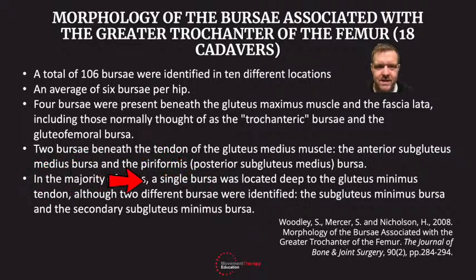In the majority of cases, a single bursa was located deep to the glute minimus, although two different bursa were identified: a glute minimus bursa and a secondary gluteus minimus bursa. So there are loads, and it's quite common to have lots. It's not just the one. Again, anatomy brings up some surprises for us.